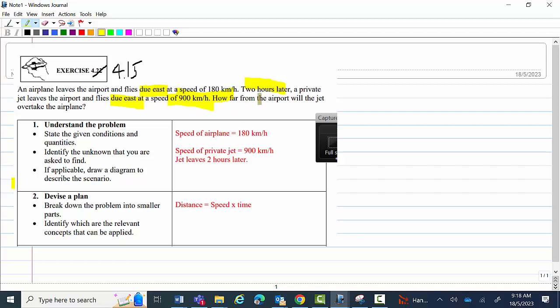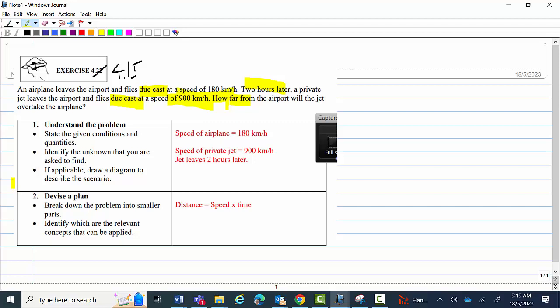So one of the things to find is the distance. How far is basically the distance from the airport. They take off from the same airport. This is the information we want to find: where the jet plane overtakes the airplane.